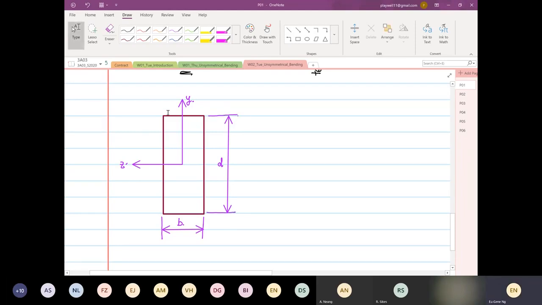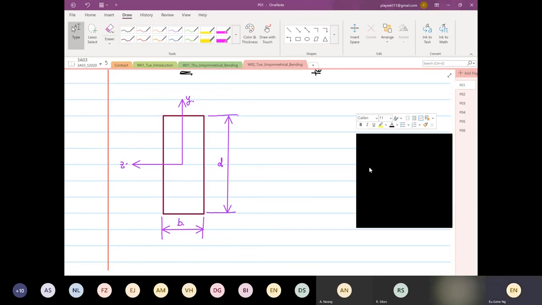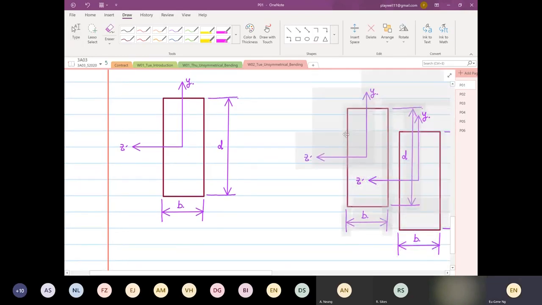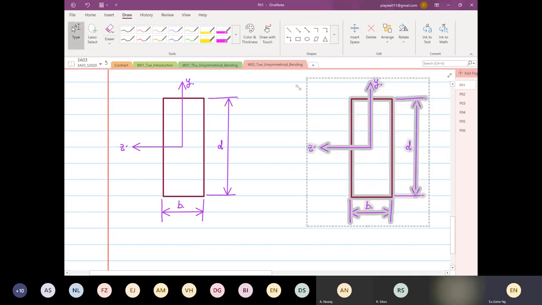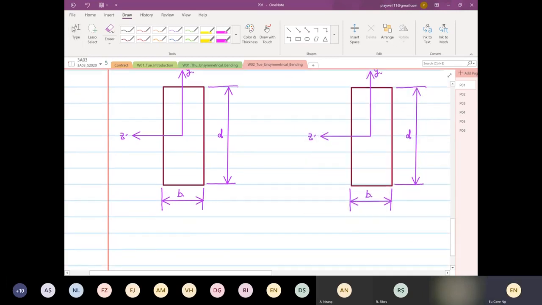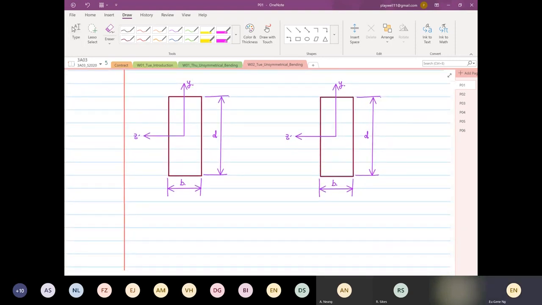So I'm going to copy this whole diagram and paste. I'm going to ask all of you again. On the left-hand side of the diagram, I want to calculate my IYY, and on my right-hand side, I'm going to calculate my IZZ.